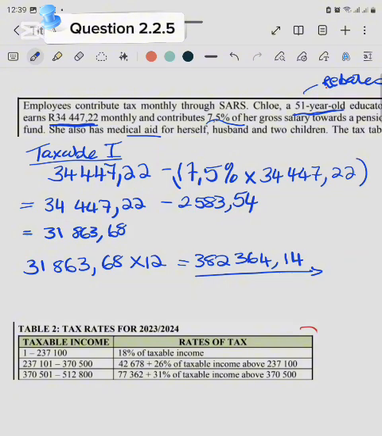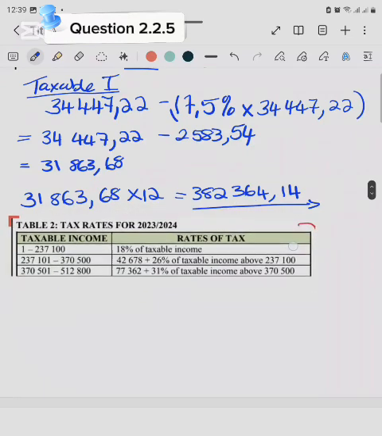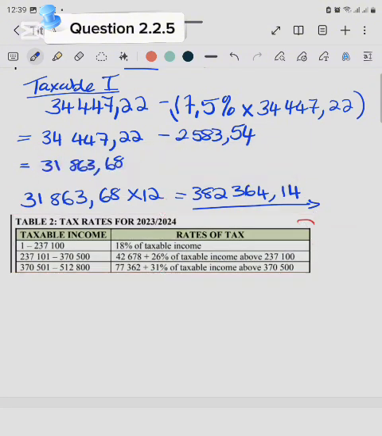Once we have our taxable income, the next thing that we need to do is go to our tax tables. So our tax tables are over there, and you need to look and see which bracket it falls into. In this case, it's going to fall into our third bracket, and then we're going to calculate based on the bracket. So the third bracket tells us 77,362 plus 31%, so I can write that as 0.31, of means times taxable income above 370,500.